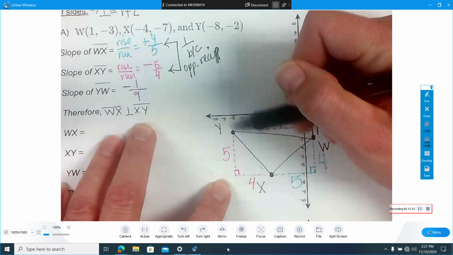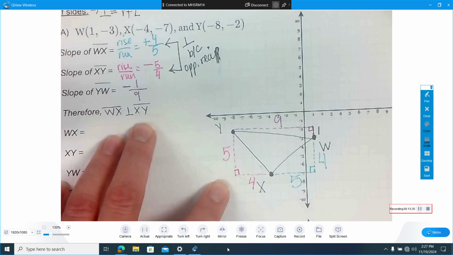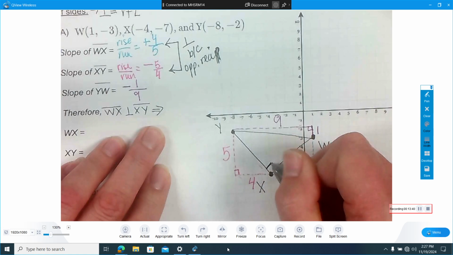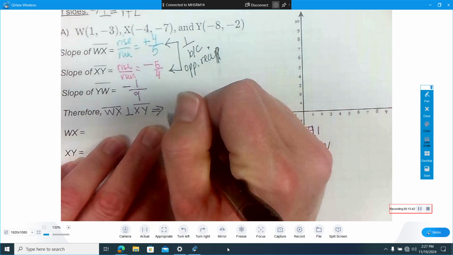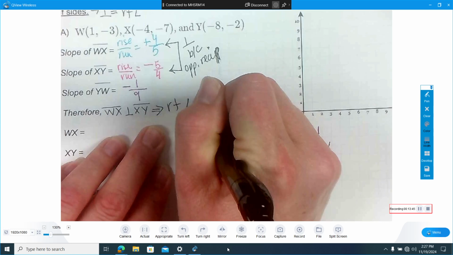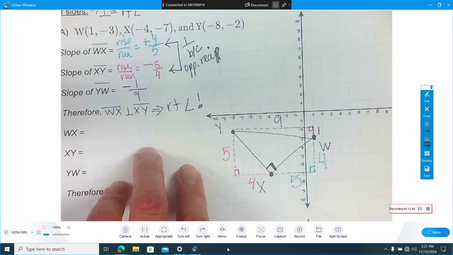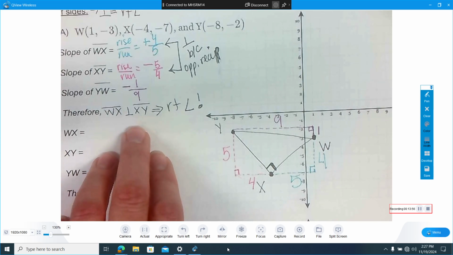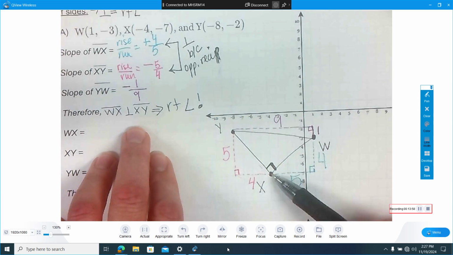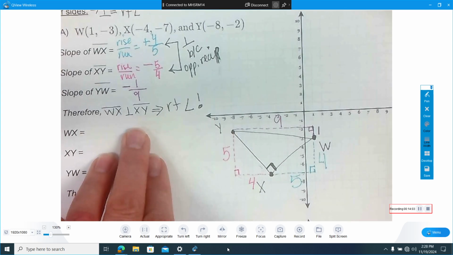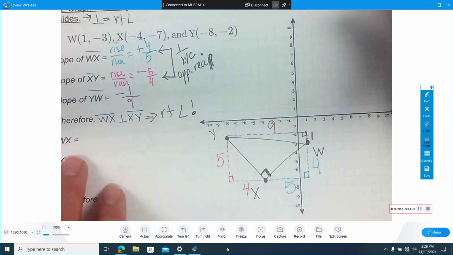What do perpendicular lines create? All right. So WX is perpendicular to XY, and that's going to give us a right angle. All right. So that's our right angle right there.